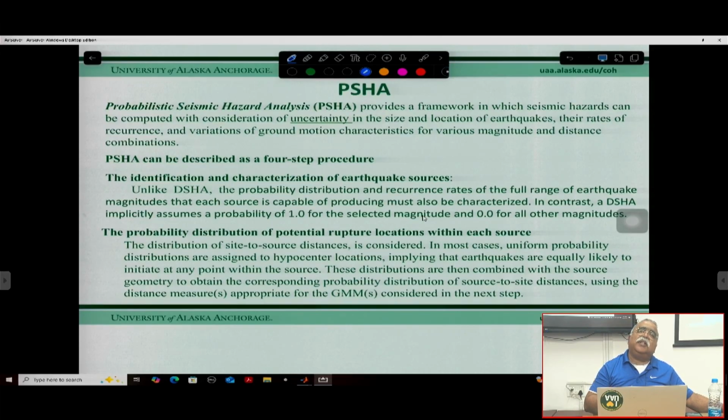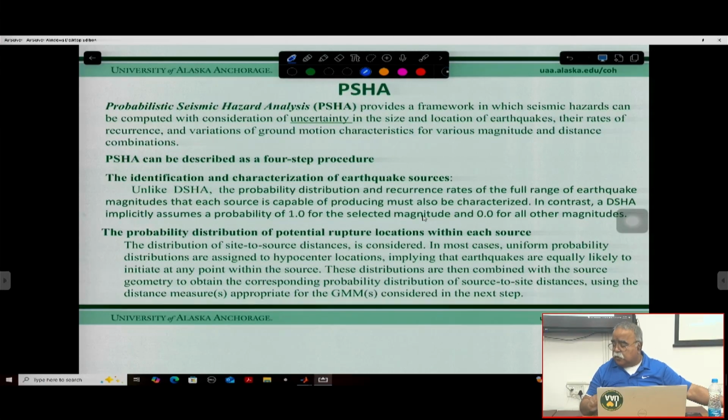Otherwise, it will be the same procedure. The procedure is that you have to calculate the source, you have to identify the source zone, and then you need to identify what are the nearest fault line or the source zone distance from the site, but that source zone distance from the site has to be done in a probabilistic manner, right?